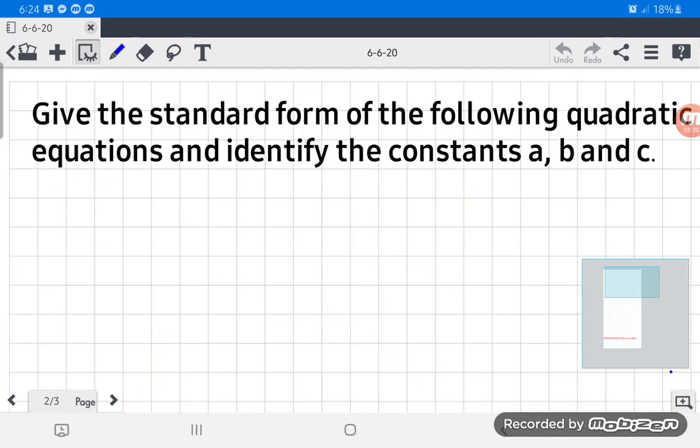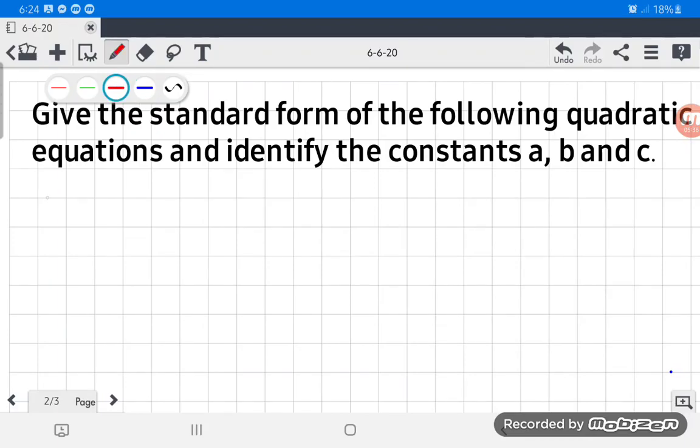Okay, next. Number 4. Let's say we have x minus 1 and then x plus 2 equals 10. Now, this is an example of multiplying two binomials.